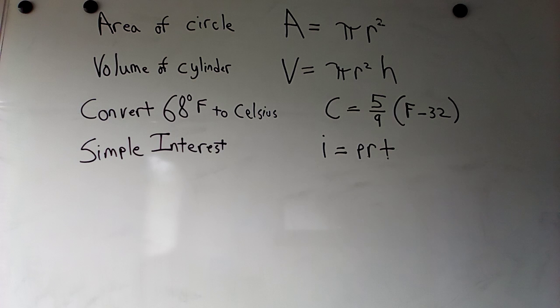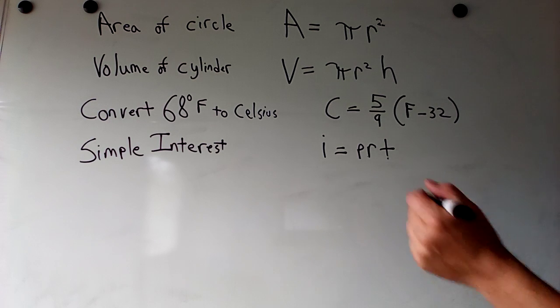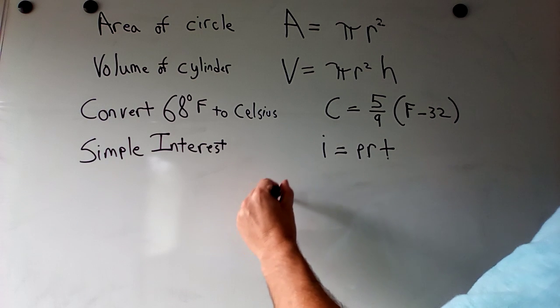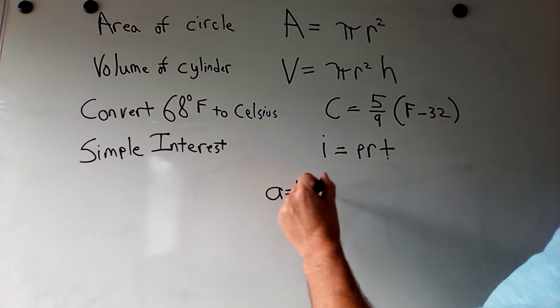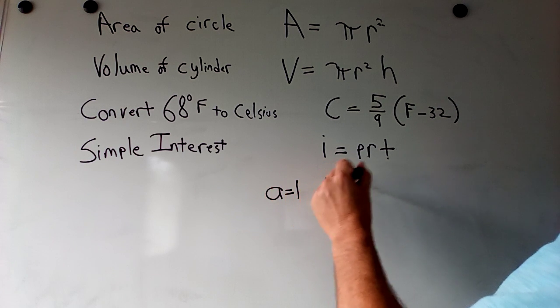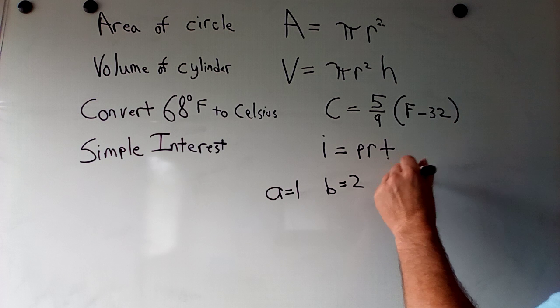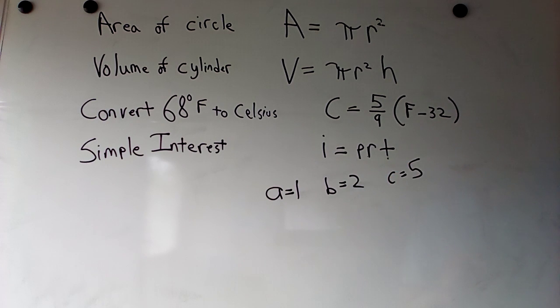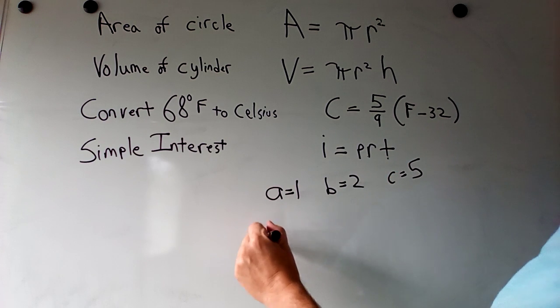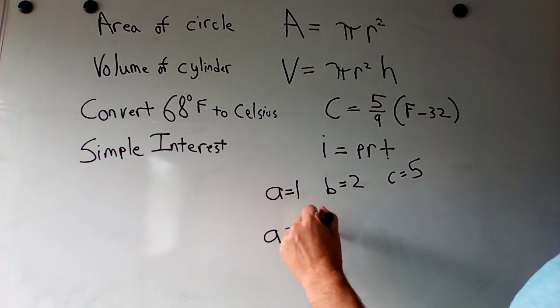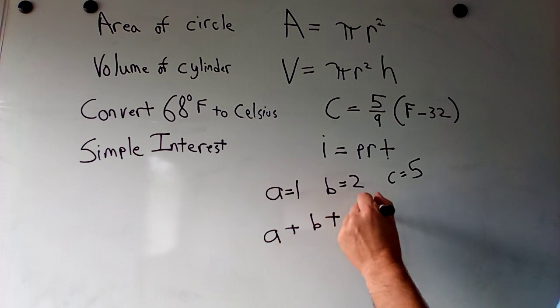And the way this works is a simple algebraic concept. If I have A equals 1, and B equals 2, and C equals 5, okay? And then I do a problem. I say, what is A plus B plus C? What does that equal?